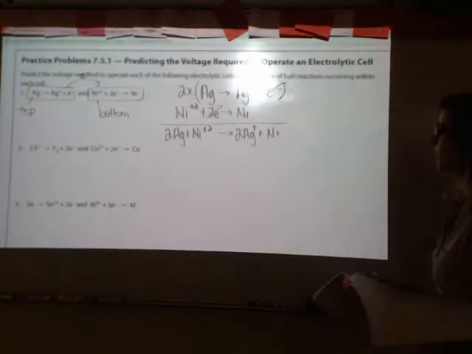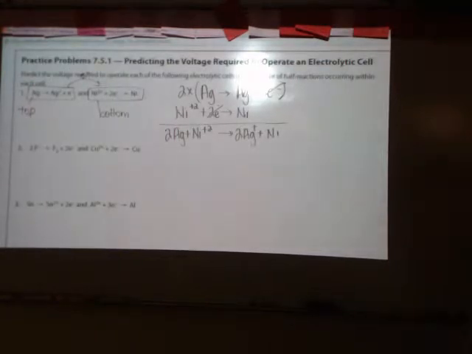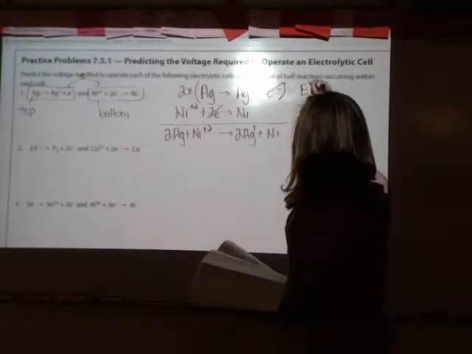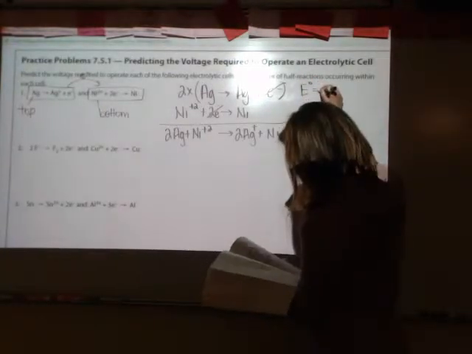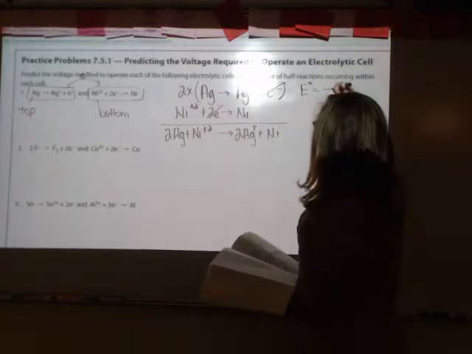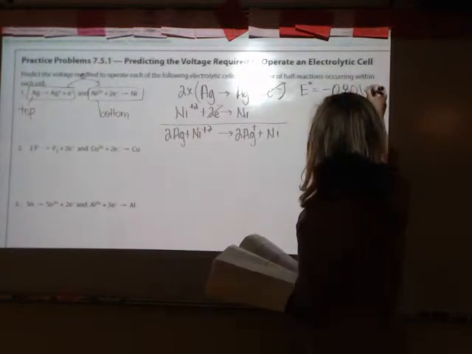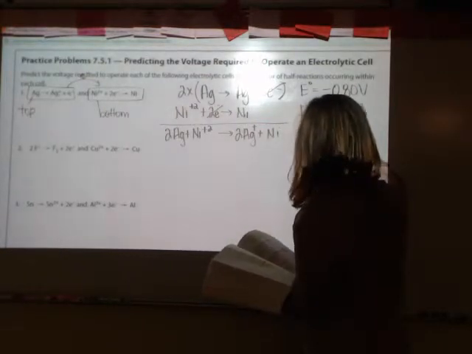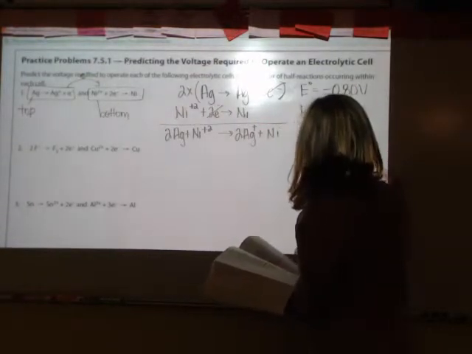So this would be the overall process that's taking place. And then if you look at the SRP table, you will see that your standard reduction for silver is a positive 0.8, but since this half reaction was reversed, it would be a negative 0.8 volts. And then the other half reaction has a standard reduction potential of 0.26 volts.